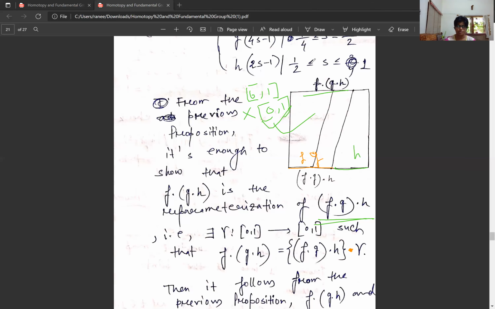The first straight line, what I'm doing: I'm joining the midpoint between F and G with the start point of F on the top, right?